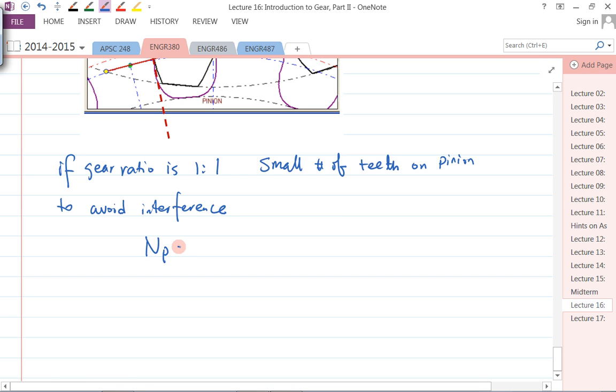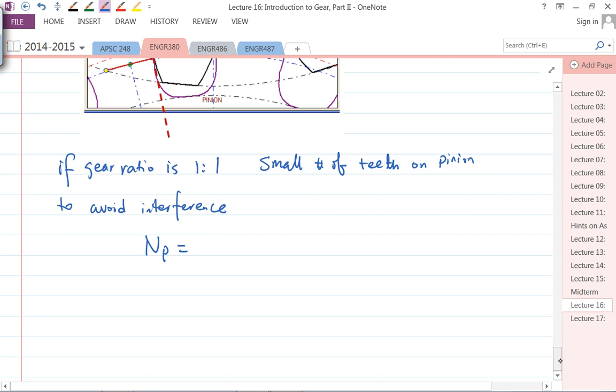Let's say we call it NP, and the formula is this. So 2K over 3 sine square phi, times 1 plus root 1 plus 3 sine square phi. Okay, so that's the smallest number of teeth on the pinion that you can have in order to avoid interference.